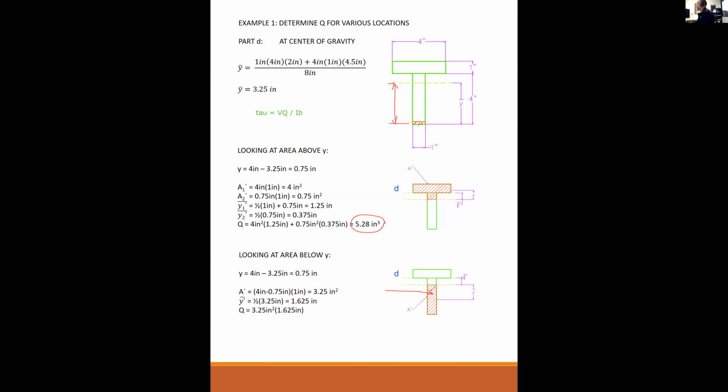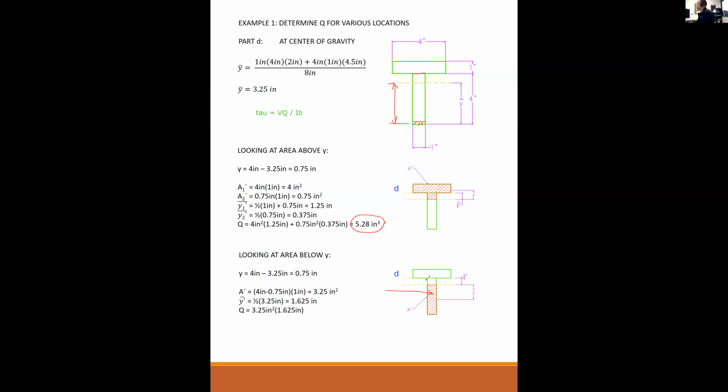If I go less than all the way to the neutral axis, Q is going to be something smaller. Like we found when we took the shear plane right here, Q was equal to 5. The maximum is right at the neutral axis, 5.28.